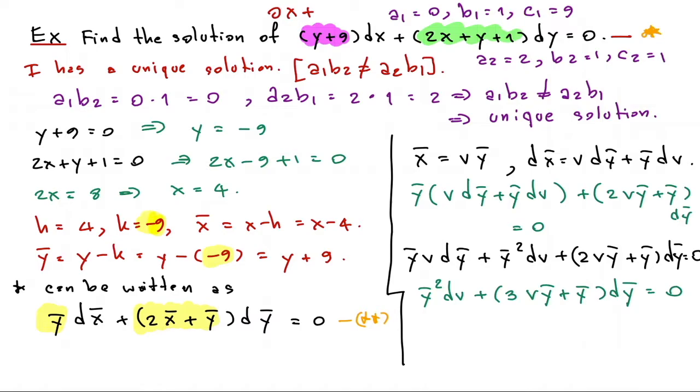Right? I basically combine this and this, so it turns out to be 3 v y bar plus y bar dy bar. Make sense? Does it make sense? Okay, and then I pull y bar out. Oops, sorry. I pull y bar out.